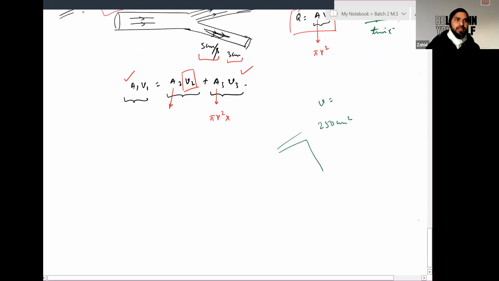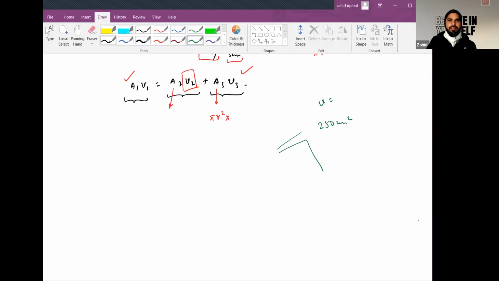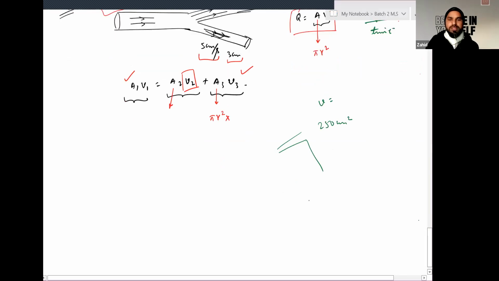I defined this particular concept to you in upliftment of airplane. On increasing velocity, there will be some decrease in pressure, which results in upliftment of any object. So we can write according to Bernoulli's principle: pressure plus half rho v squared.